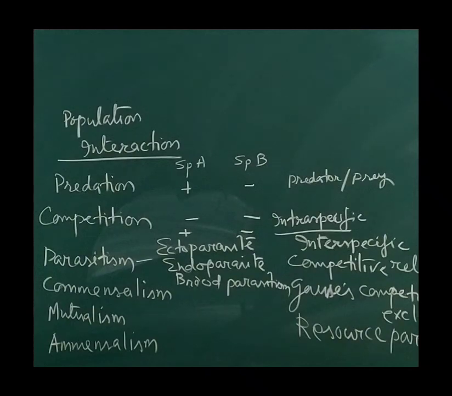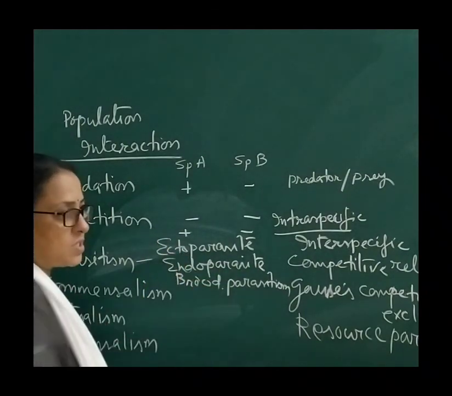Ectoparasite means like lice, which suck human blood while living outside the body. An endoparasite invades the inside of the host body at different sites for food, and it harms the host. Brood parasitism is seen between the cuckoo and the crow. That's the best example.